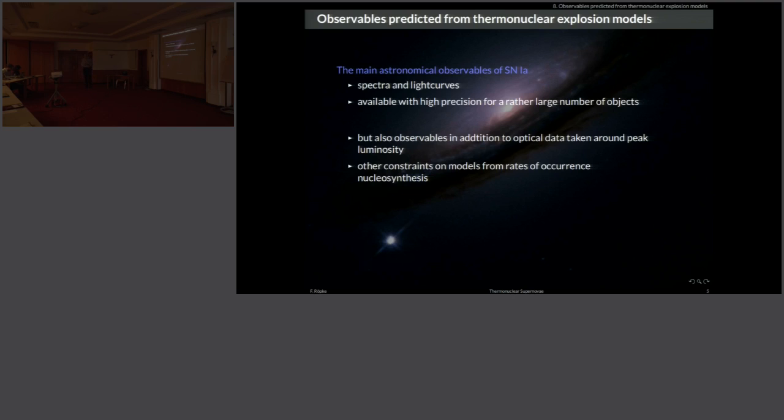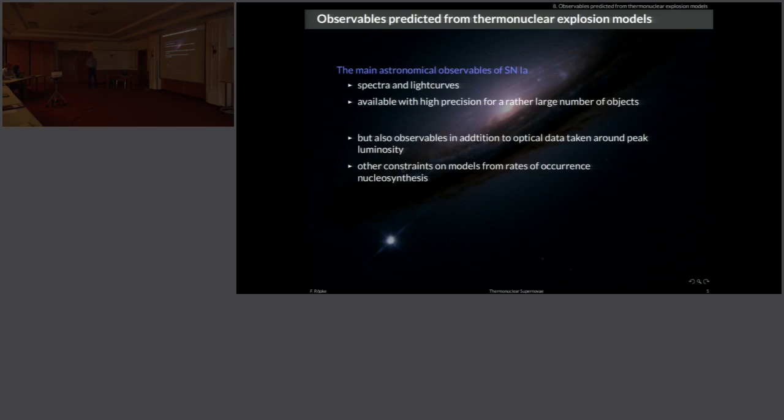In particular, they have set up specialized surveys that observe supernovae with one telescope every night, so that you don't have so much uncertainty from comparing the data of different telescopes, and you get spectra of nearby supernovae almost every night, so you have lots of information about them.